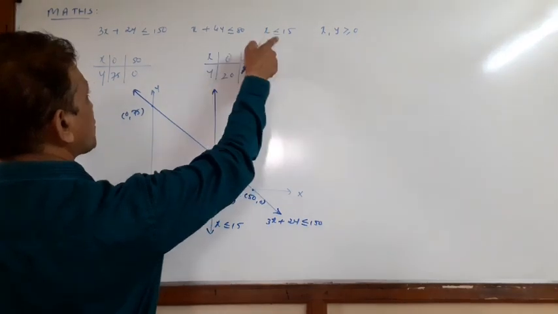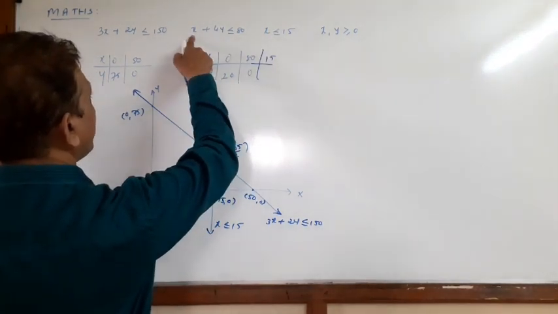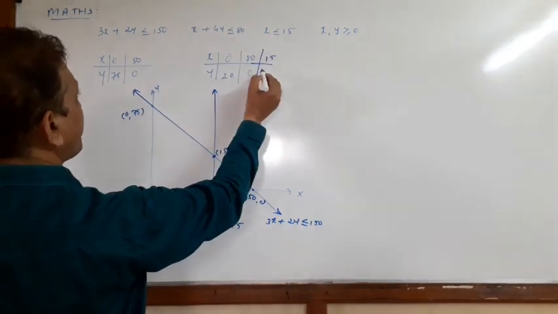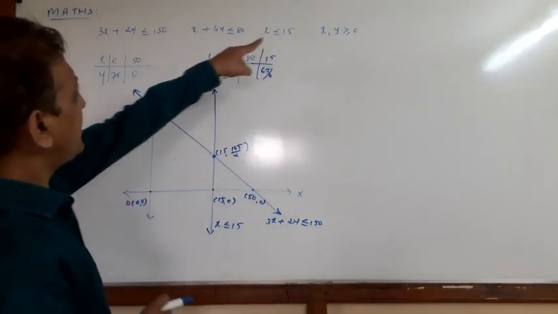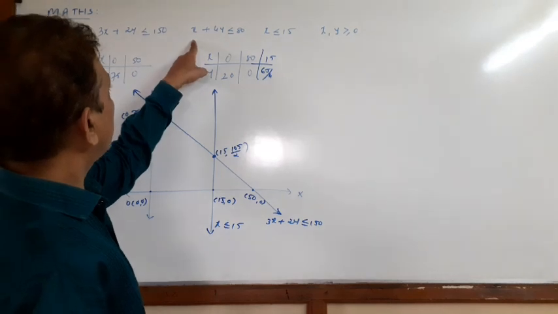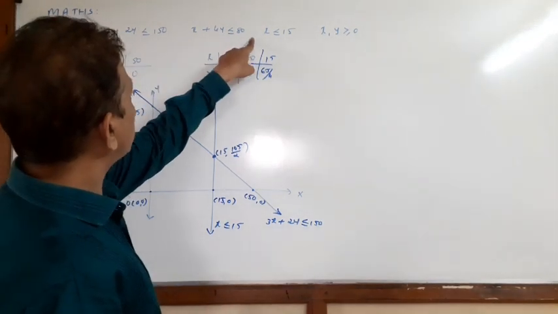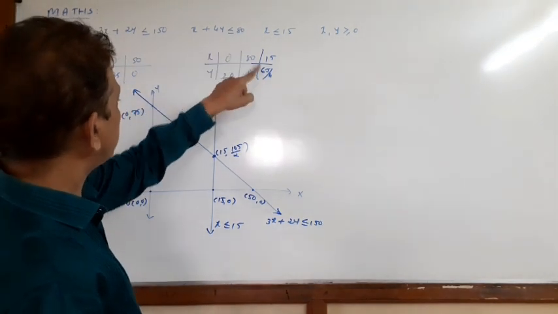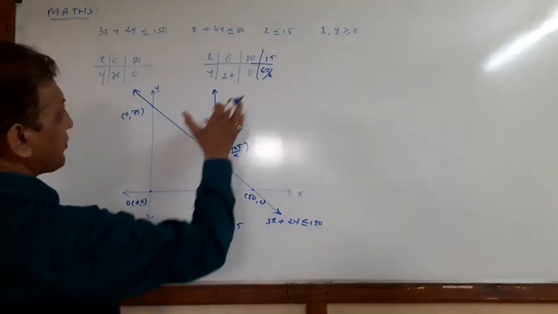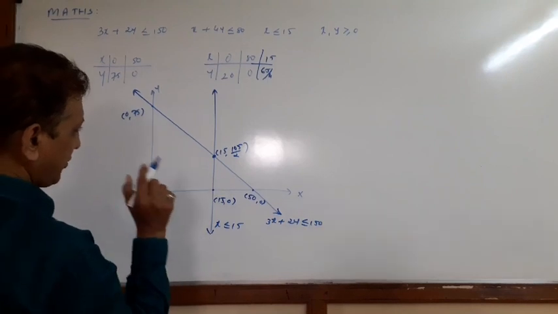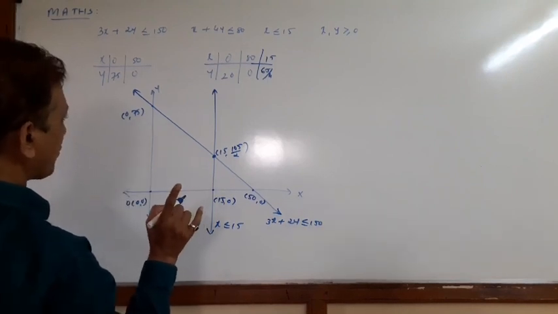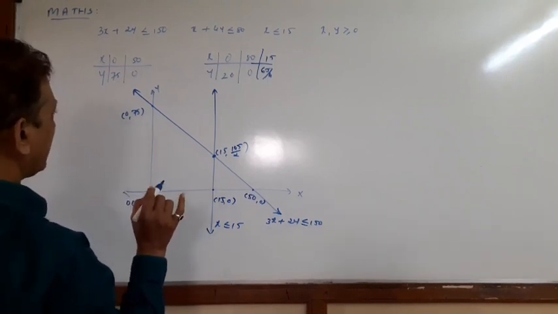Solve these two equations. x equal to 15. 80 minus 15 is 65. So 4y equal to 65, y equal to 65 upon 4, approximately 16 point something. Approximately 16 is the y coordinate. Okay, no problem.